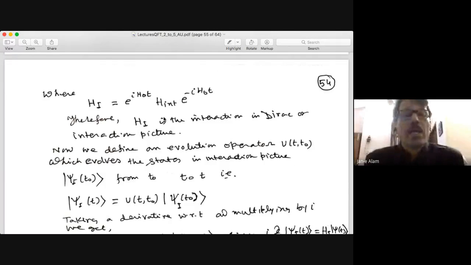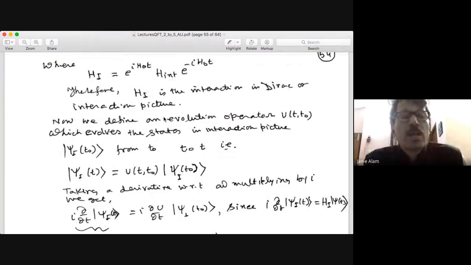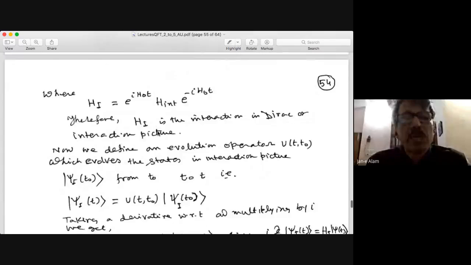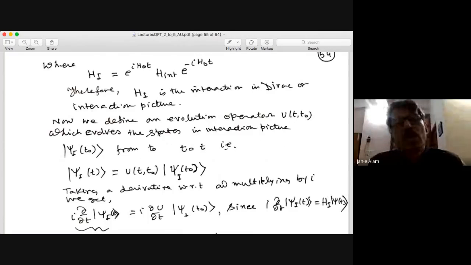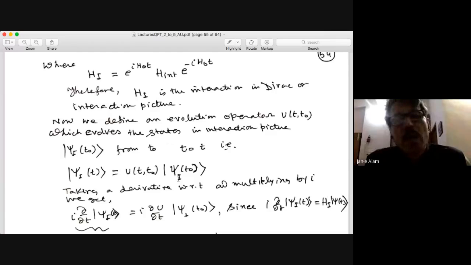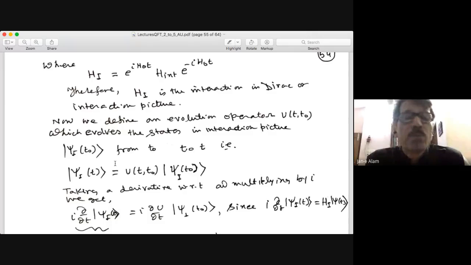We want to learn about the interactions, not how a free state will evolve from one time to another, right? So what we got is the interaction picture evolution equation, or the Dirac picture. Now let us define psi I, the state in the interaction picture at time t. Suppose you have psi in the interaction picture at time t naught, and I want to know how it evolves to time t.